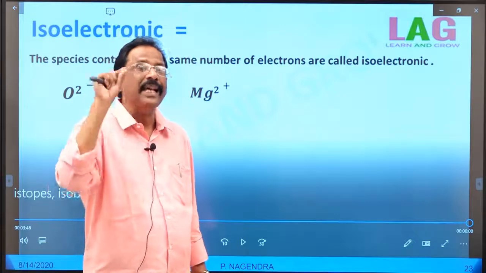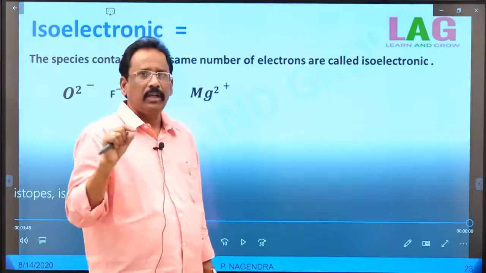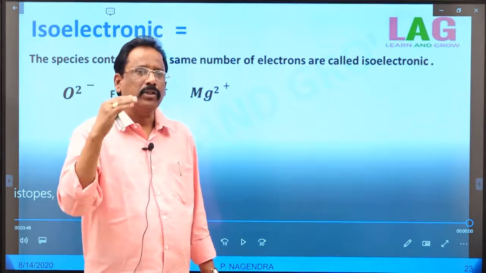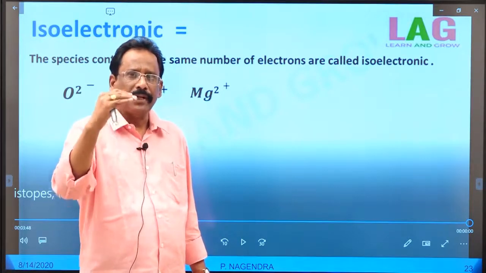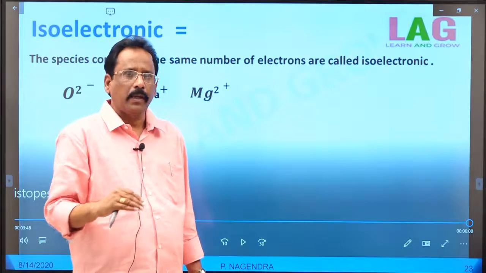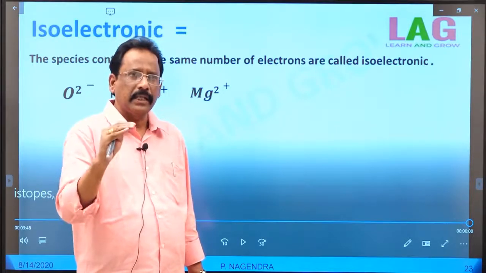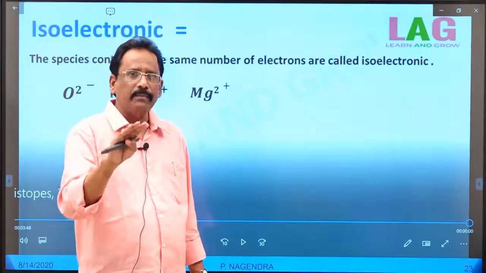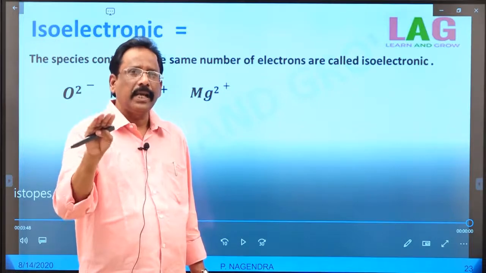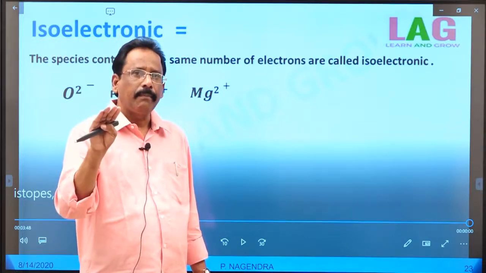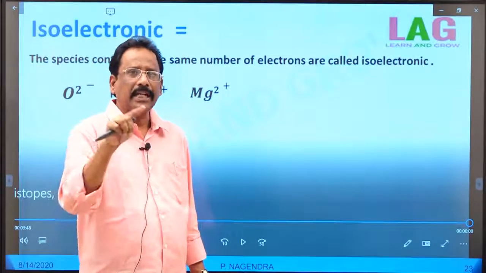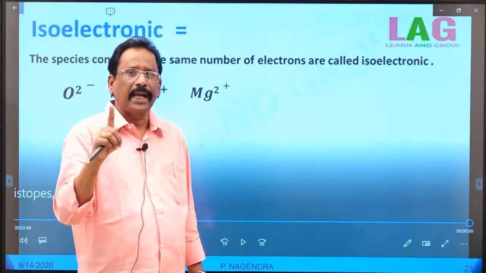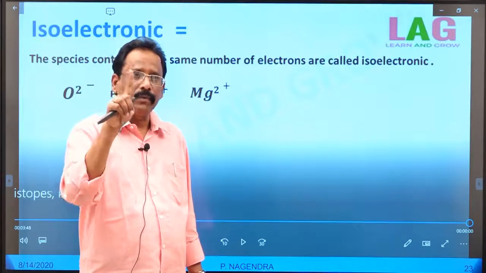Iso means same. So the final point is isotopes means atoms of the same element having different mass numbers. Isobars means atoms of different elements having the same mass number. Isotones means atoms of different elements having the same number of neutrons.